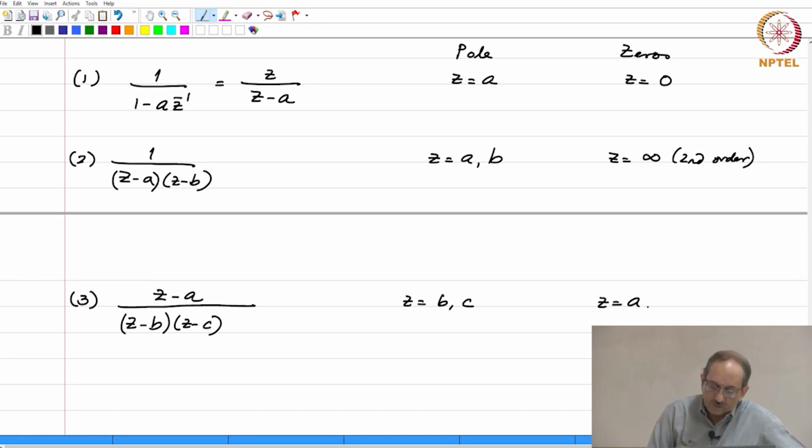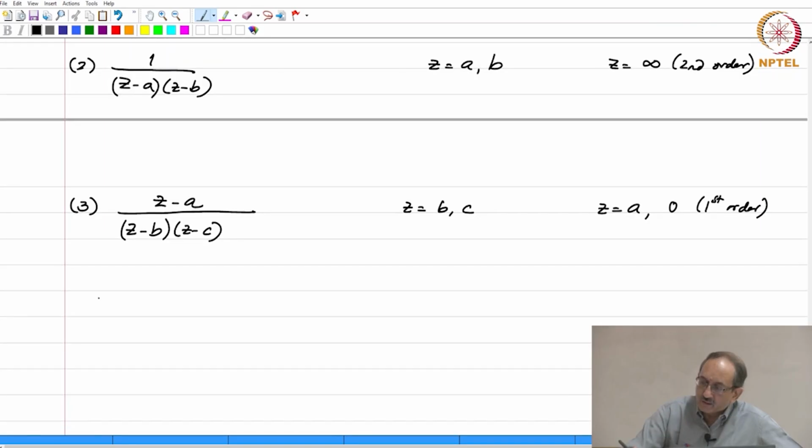You have a zero at z equal to a, but then for extremely large values of z, the numerator behaves as z, the denominator behaves as z squared, and the ratio behaves as 1 over z. Therefore, you can think of this as having a zero at z equal to infinity, and in this case the zero is of first order.